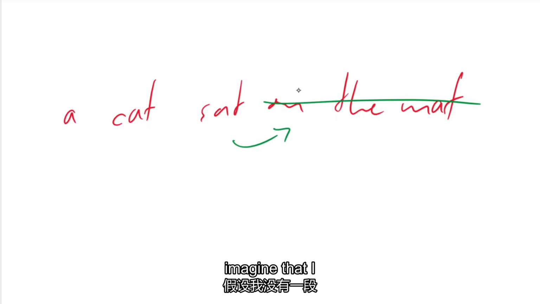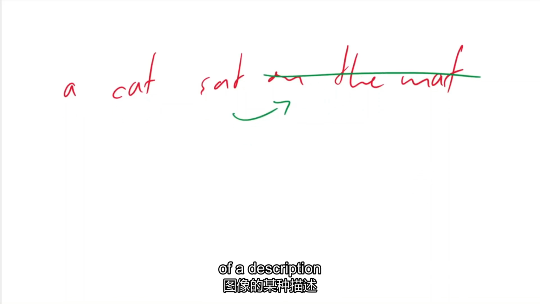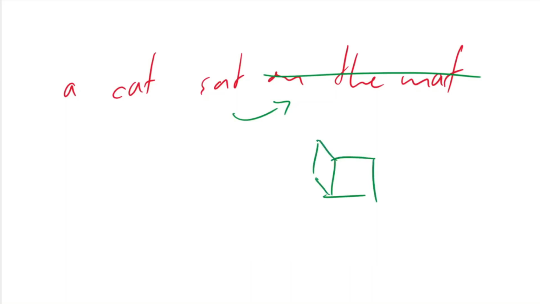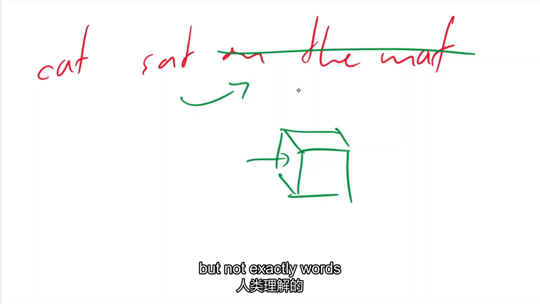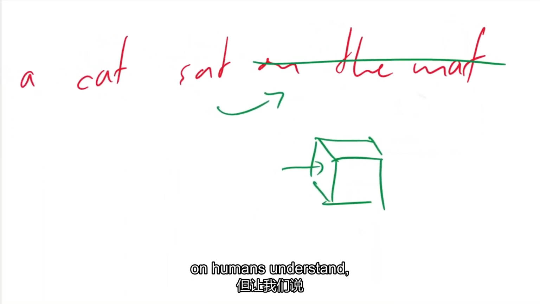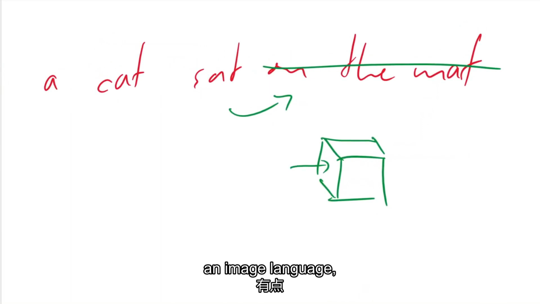Now imagine that I don't have a piece of text, but I have some sort of description of an image. Let's say I have a box, which is going to be a VQ-VAE, that can take in a description of an image in words, but not exactly words that humans understand. Let's say there is an image language, sort of like a programming language, and you input symbols.